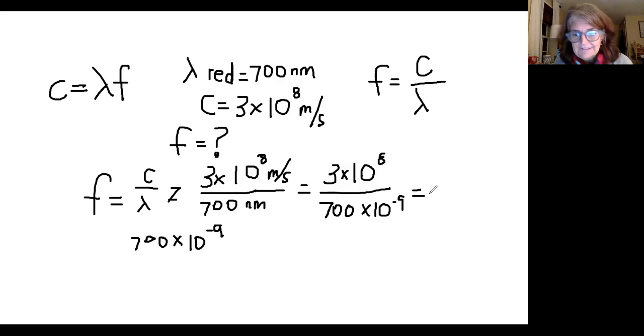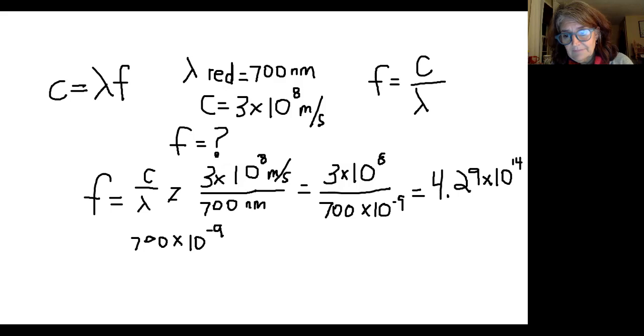We get the answer to be, we're using our calculator, 4.29 times 10 to the 14. And this is going to be our frequency. Okay? That is the frequency of red light.